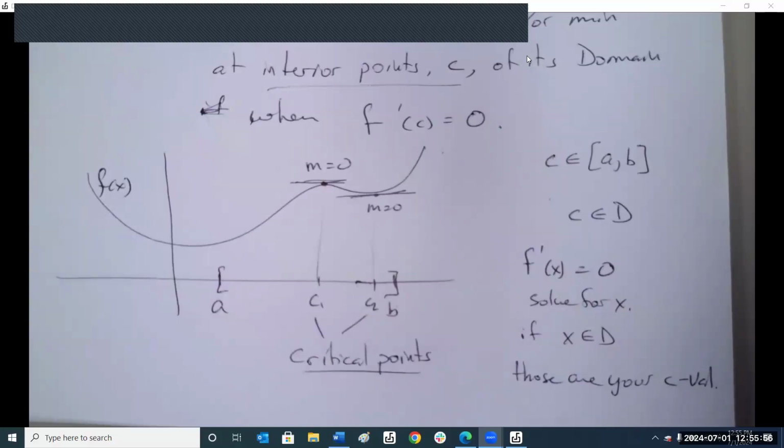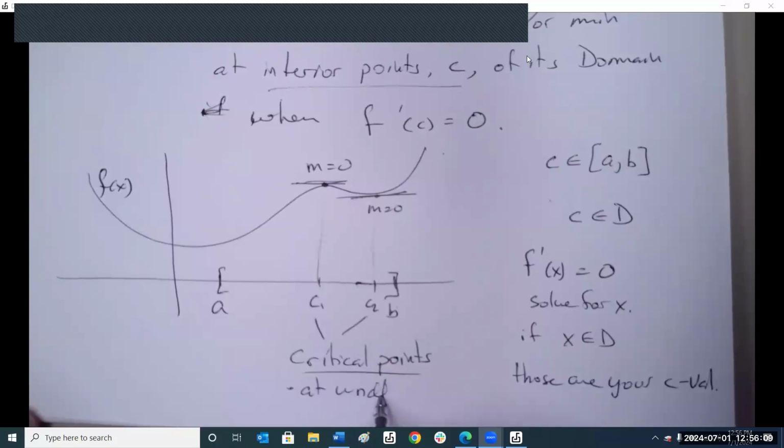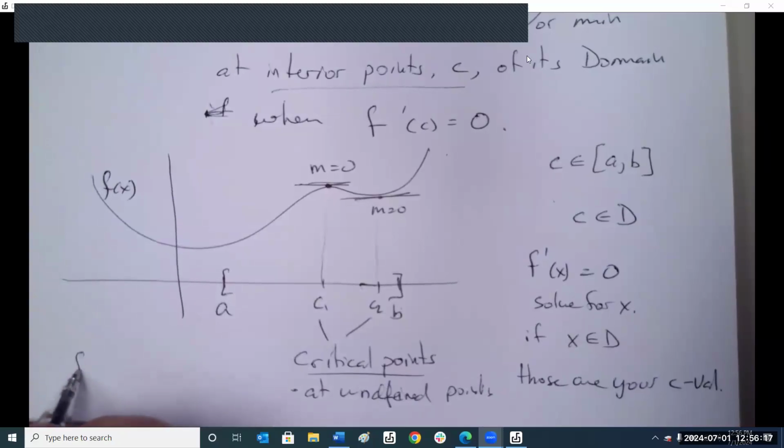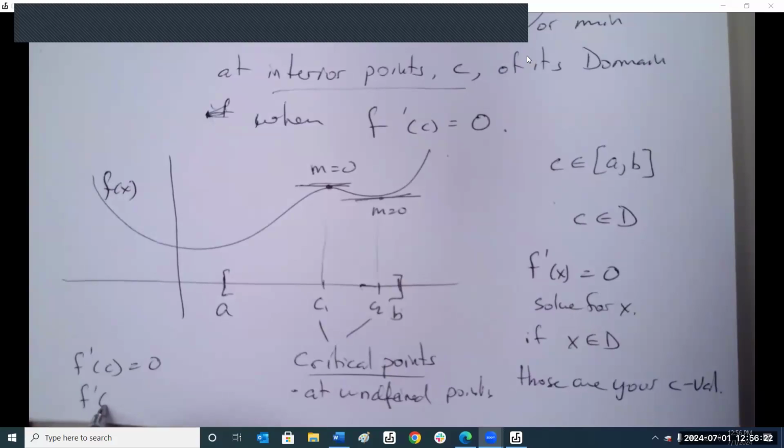But there's also another use for critical points. We also have critical points at undefined points. So where the first derivative is equal to 0 or the first derivative is undefined.